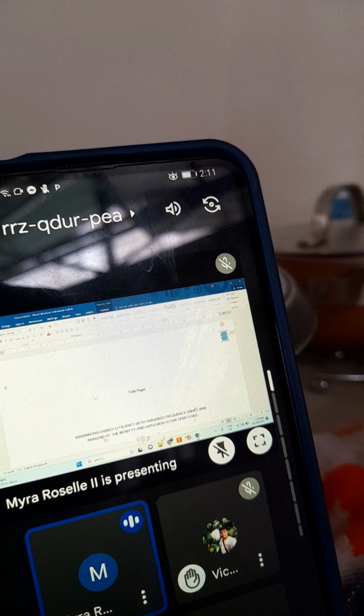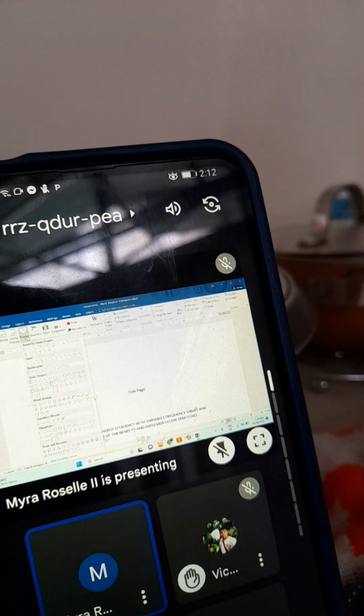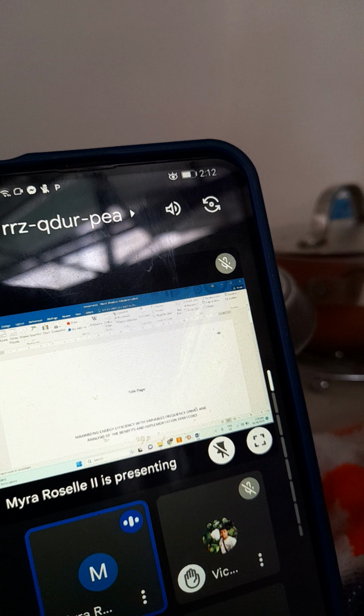Those who have opened their Word file, follow. You go back to page 1, the title page. You click Insert. You go to Shapes. Click any shape you want. Then come to the page.